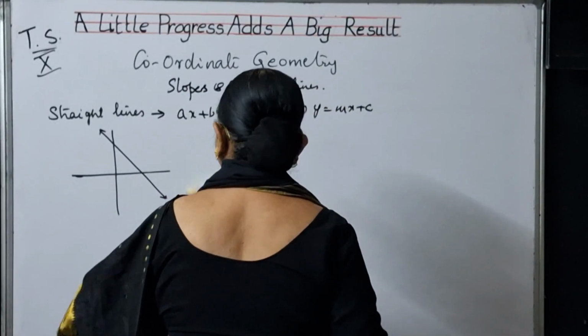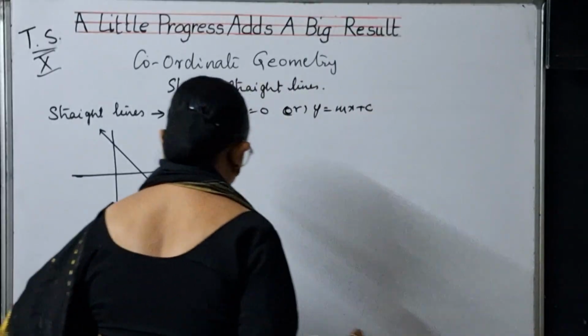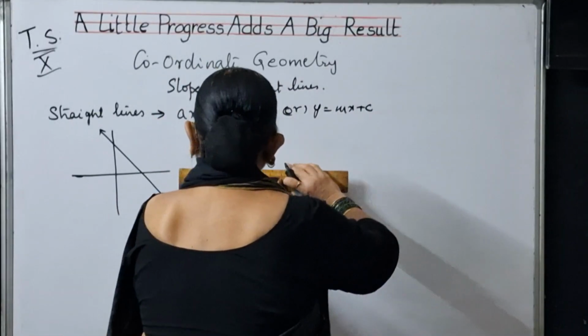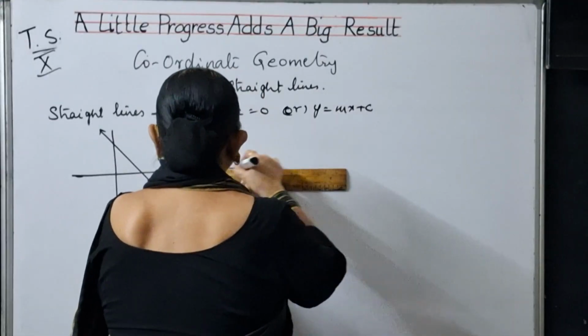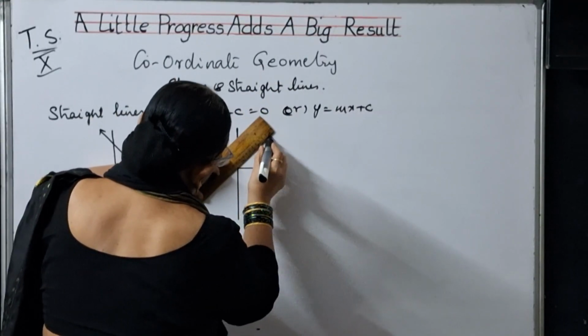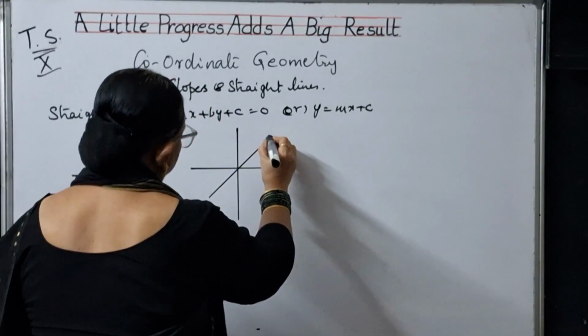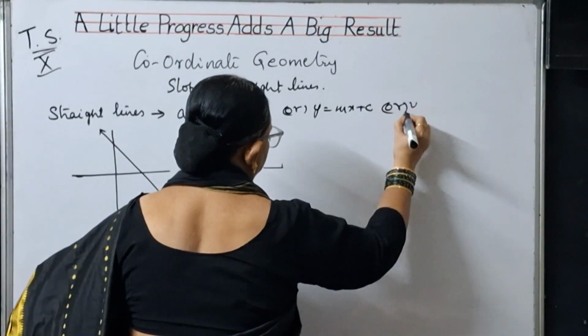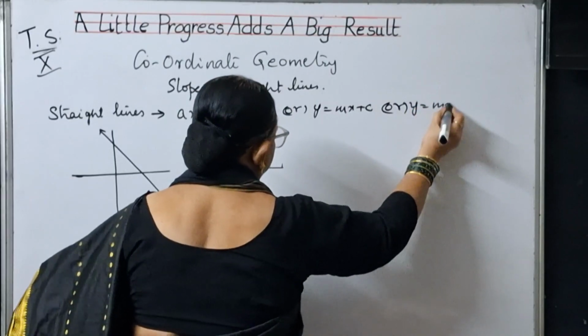If the line is passing through origin, what is the formula that you are using? Earlier you have already done it in your lower classes, children. If the line is passing through origin, then we have another formula, that is y is equal to mx.